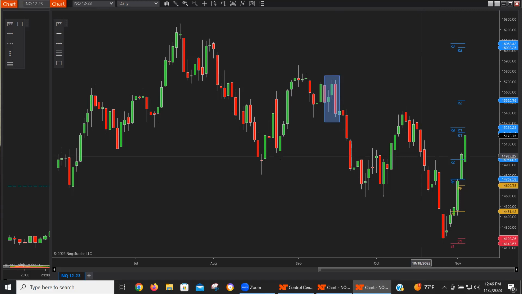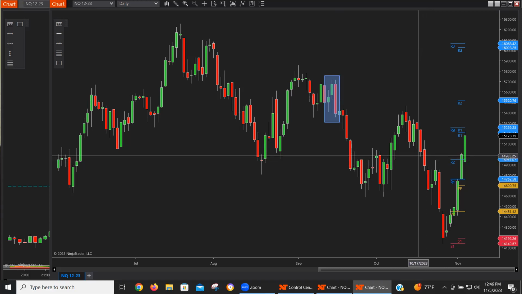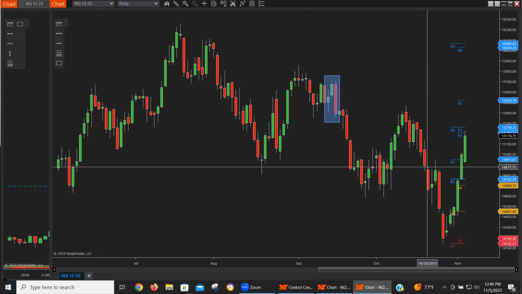It's what's called a fair value gap, or, what's the other term for it? It escapes me at the moment because I've been listening to people call it different things. For now, it's a fair value gap. A fair value gap means that because this is an algorithm, it is set to fill fair value gaps.